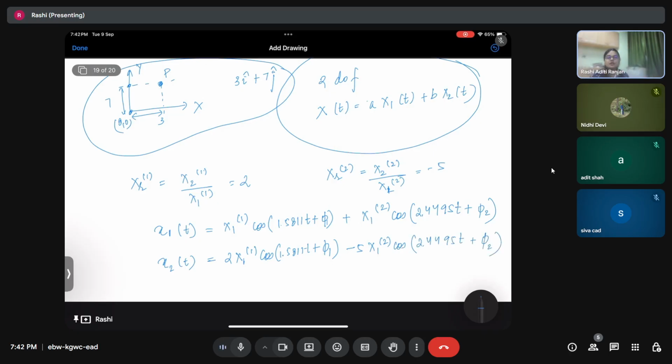So this is the arbitrary solution. Simple. Using the same concept, we used two modes and the two mode shapes, and we wrote an arbitrary solution as a linear combination of these two.